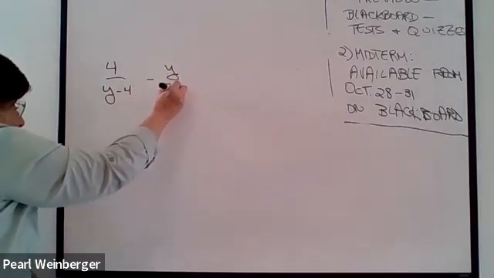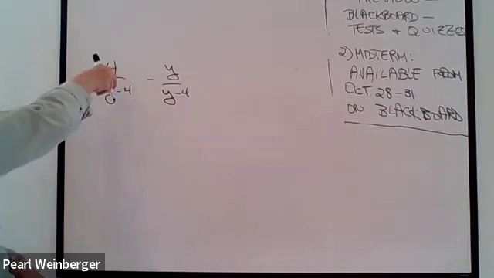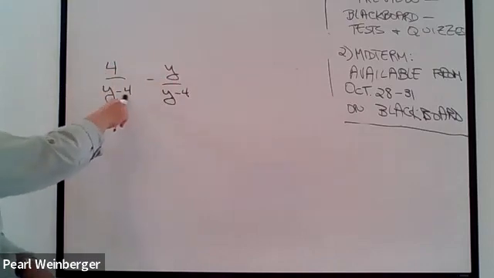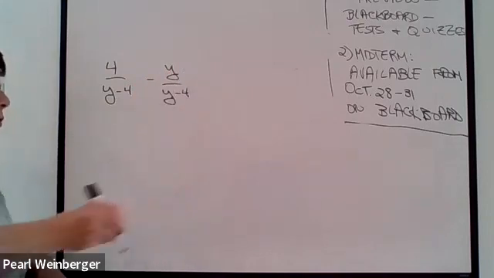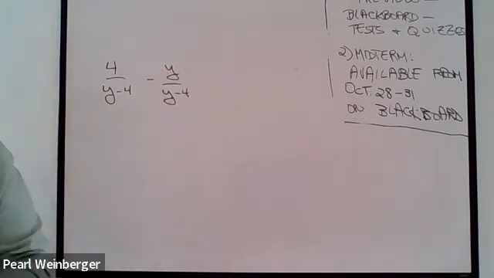Okay. I'm going to give you a couple minutes to try this one out. 4 over y minus 4 minus y over y minus 4. See if you could simplify this. So combine the like terms and get your answer in simplest form.